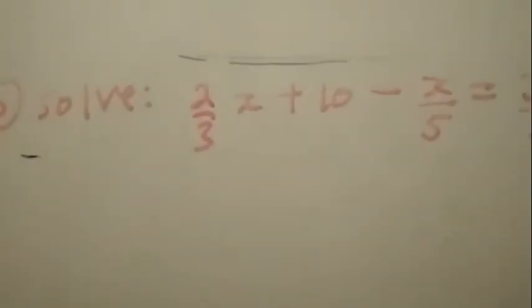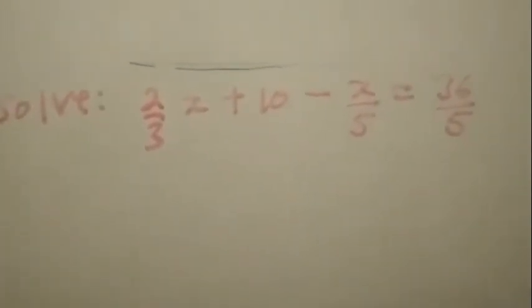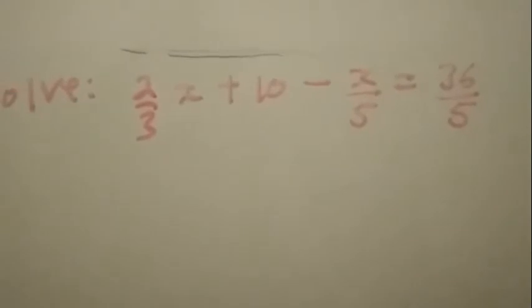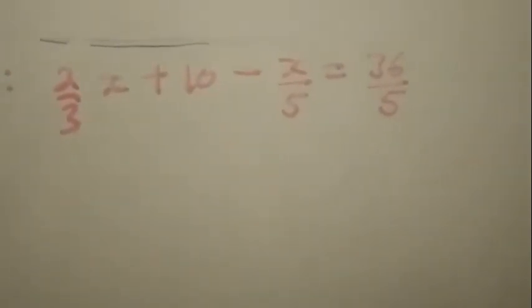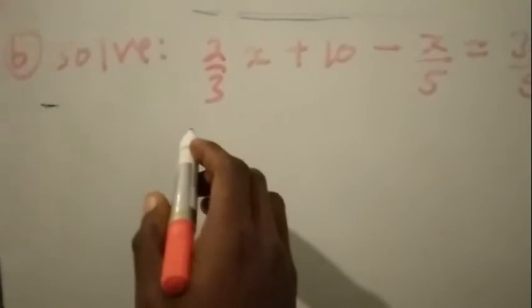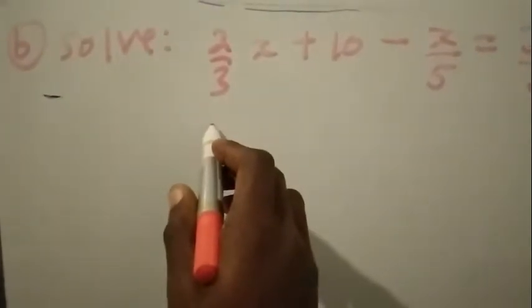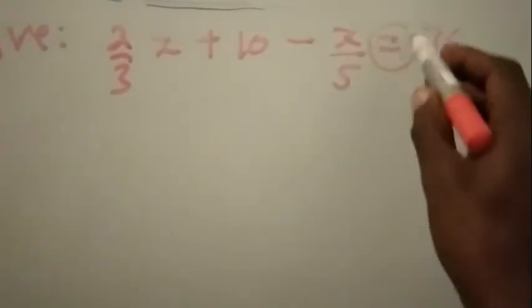Okay, now let me finish the second example, which is saying 2 over 3x plus 10 minus x over 5 equals 36 over 5. Okay, so what you do on this one is, when you look at this, there is an equal sign.